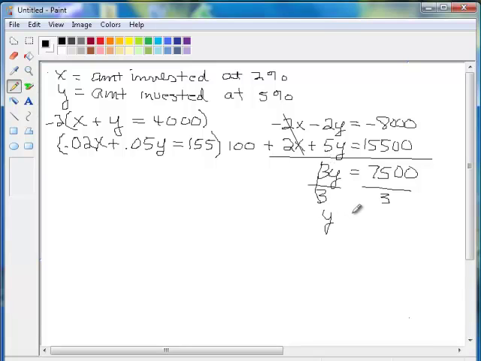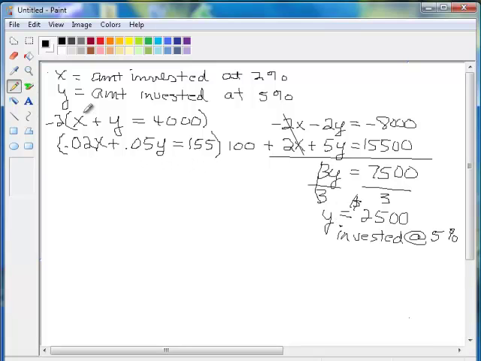And so I get y equals 2,500. Now what does it mean for y to equal 2,500? Well, we go back to what our y stands for, which is the amount invested at 5%. So that means that this is the amount invested at 5%. So it's a dollar amount invested at 5%. So that would be interpreting your answer, okay?